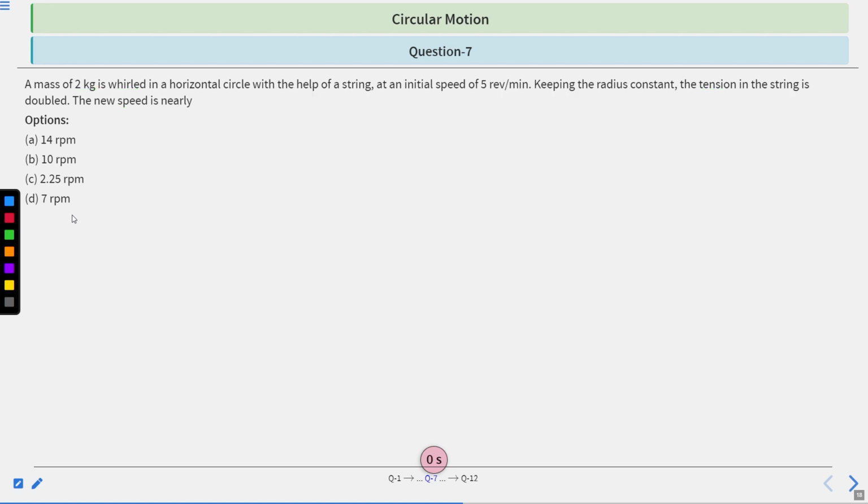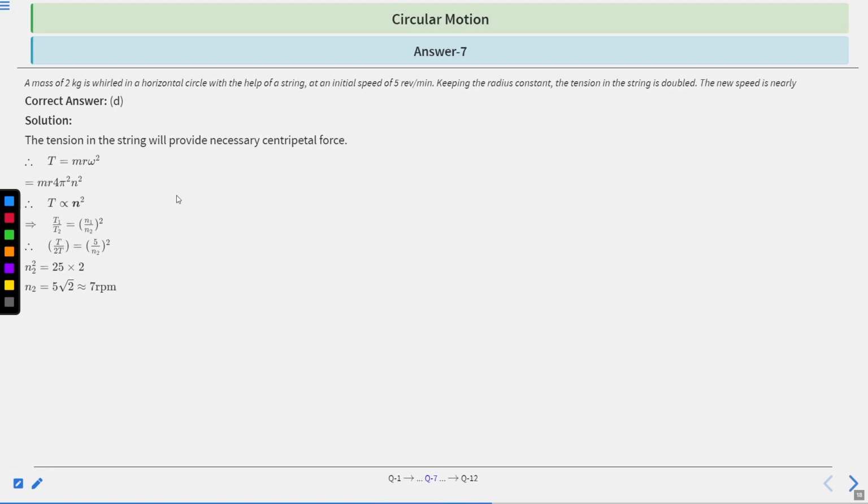Let's find the solution. The tension in the string provides the necessary centripetal force, so T equals m r omega squared. And T is directly proportional to n squared.